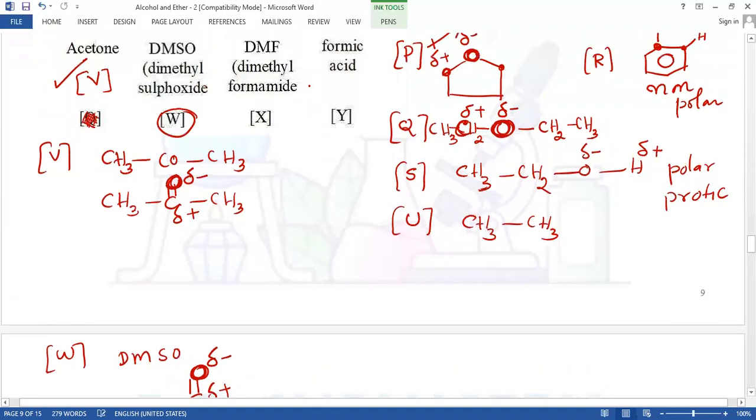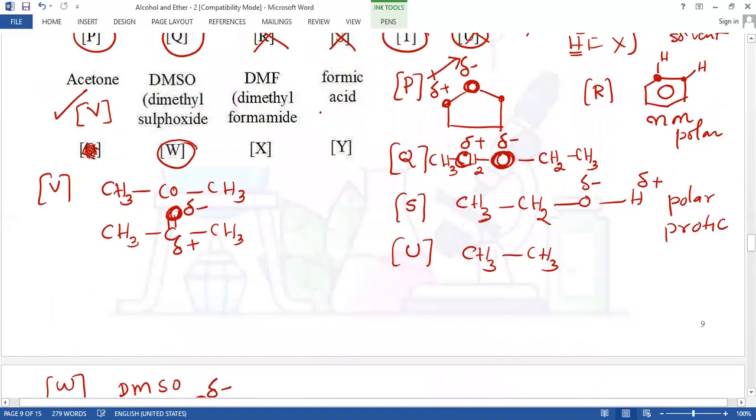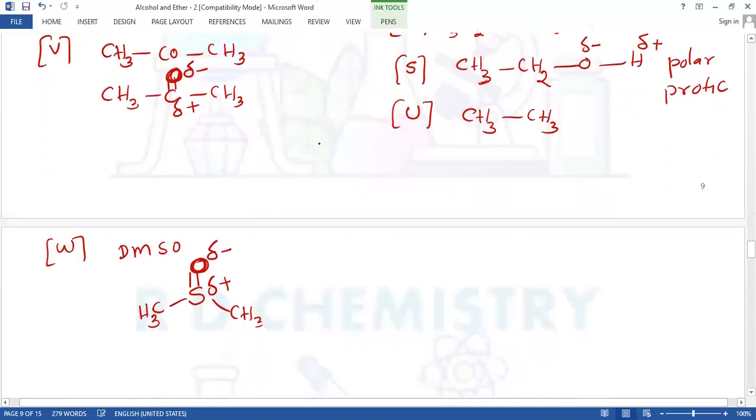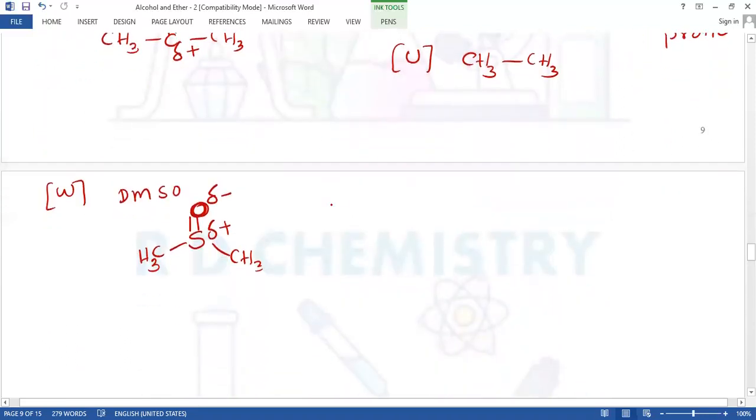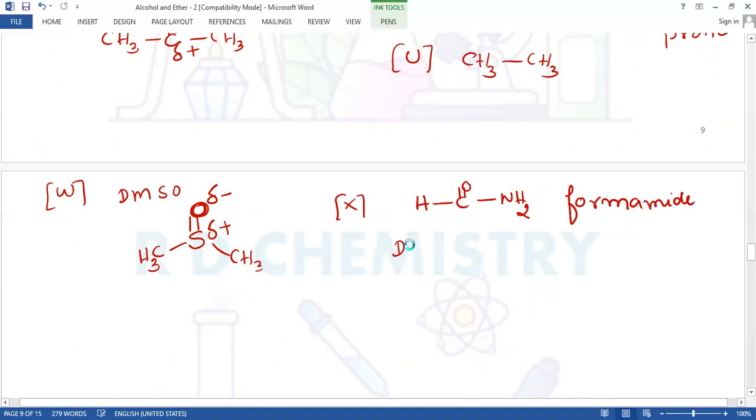Now, next one is dimethyl formamide, X compound. So what is a formamide? Formamide is obtained from formic acid: HC double bond O NH2. This is the amide of formic acid. Now, DMF stands for dimethyl formamide: HC double bond O N dimethyl, CH3 and CH3.